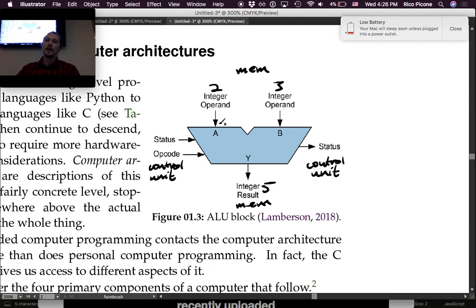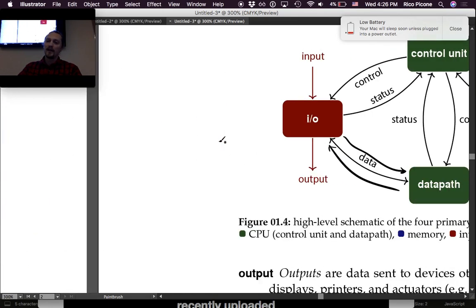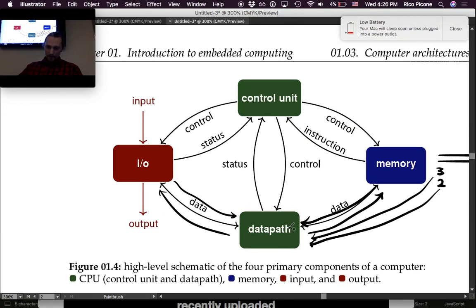So 2 comes in one side, 3 comes in the other side, and then control unit says, okay, ALU, add those two numbers I just sent you from memory. And then it adds them together. So it comes up with the result 5. And it has to decide what to do.